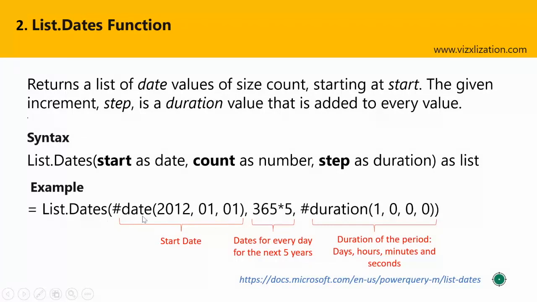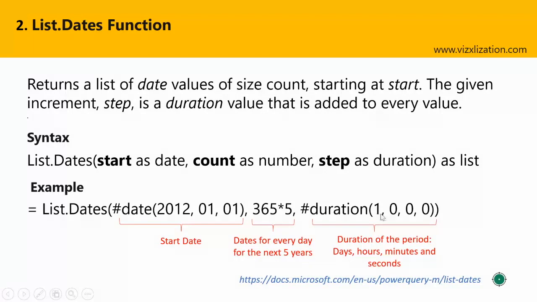And this function has 3 pieces. The first one is the start date. And here we can select any date. And also we have right here the dates for every day. In this particular case, we have for the next 5 years, right? And then the duration. Here we have 4 components: days, hours, minutes, and seconds.